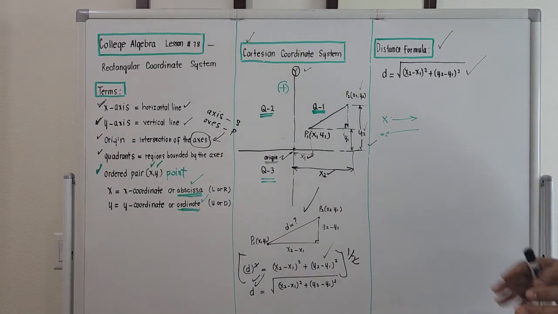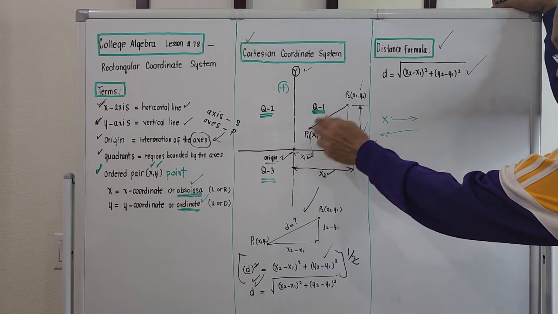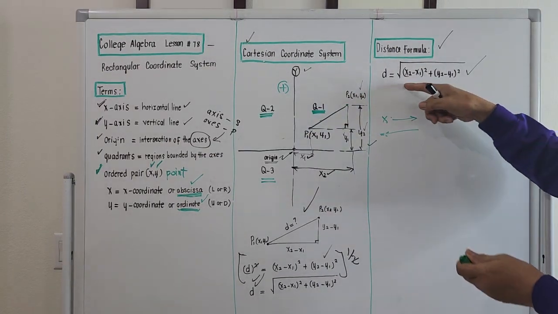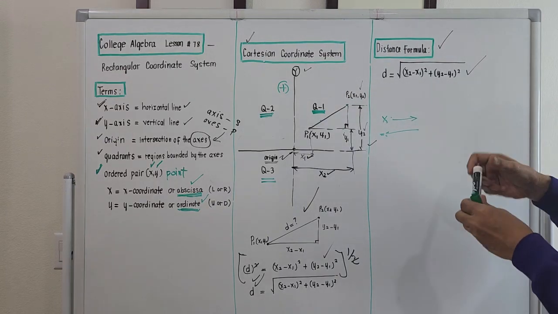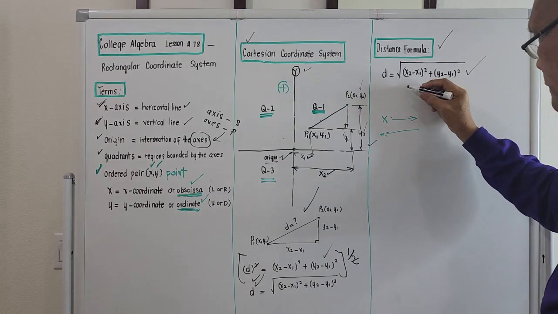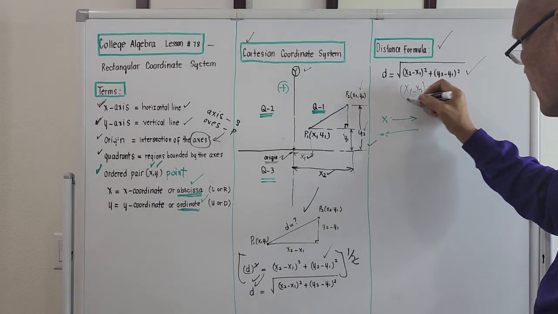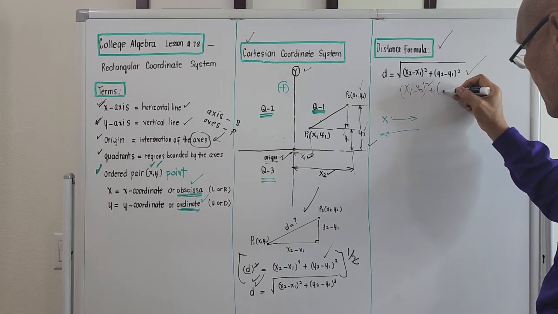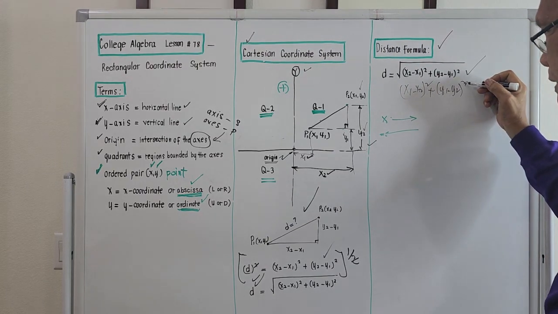Okay? So under the Cartesian coordinate system, to determine the distance between any 2 points, just use this formula. Actually, this one you could interchange. You can make it as simply x of 1 minus x of 2 quantity squared plus y sub 1 minus y sub 2 quantity squared.